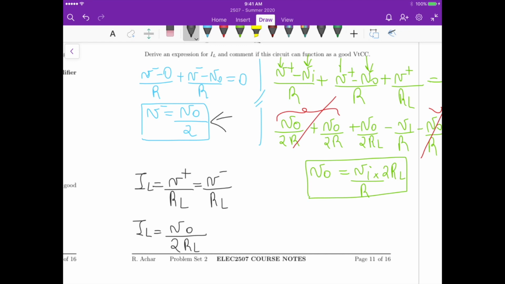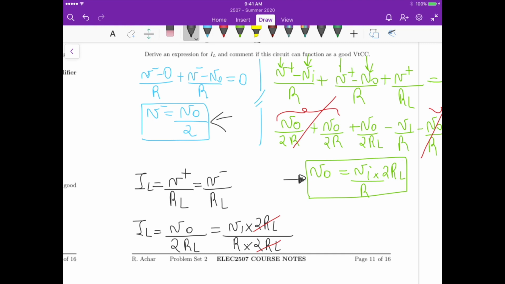And we know that V out is equal to VI times 2RL divided by R. So IL is equal to VI times 2RL divided by R times 2RL. So these terms here, they cancel out.